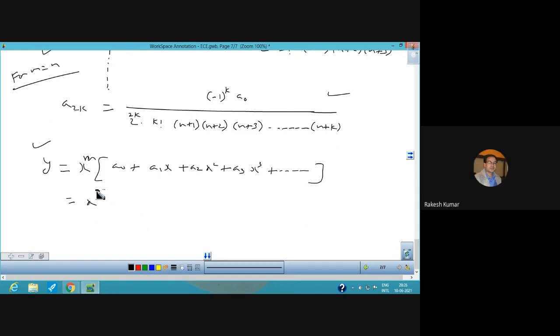x raised to power n will be there, and inside we shall have a naught. And you remember all the odd constants were 0, a1, a3, a5 were all 0.